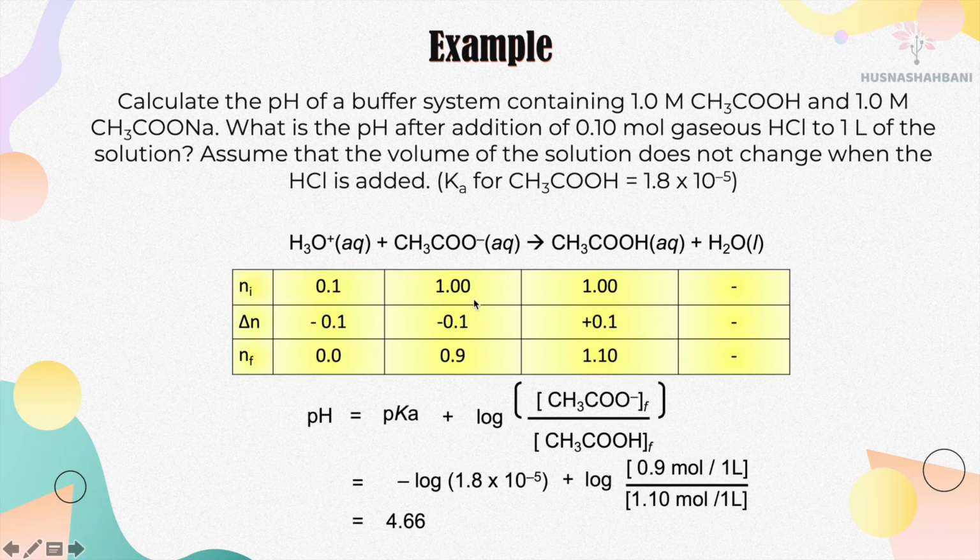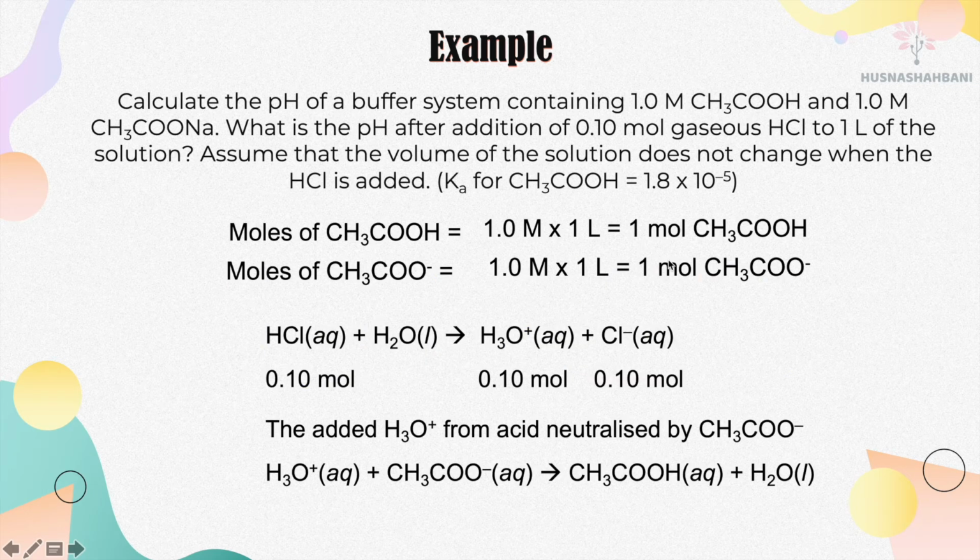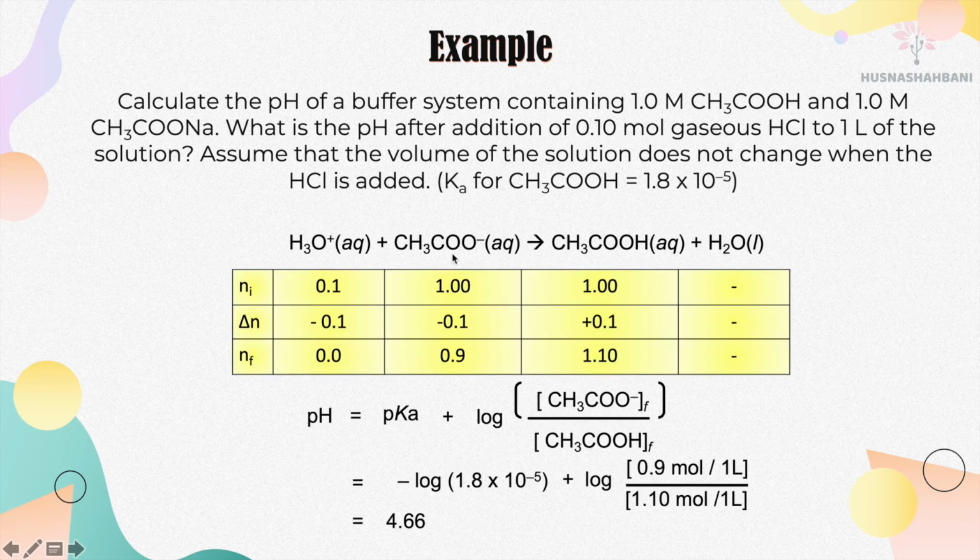Then initially 1 mole. Here 1 mole, you calculate from the concentration of 1 molar and the volume of 1 liter, because the volume of solution does not change when the HCl is added, so this one maintains 1 liter. 1 mole CH3COO minus and 1 mole CH3COOH.